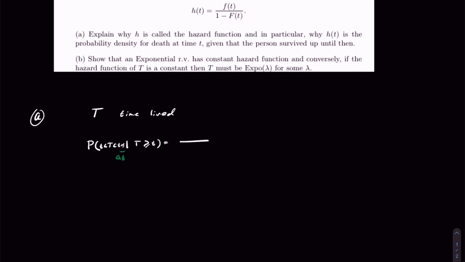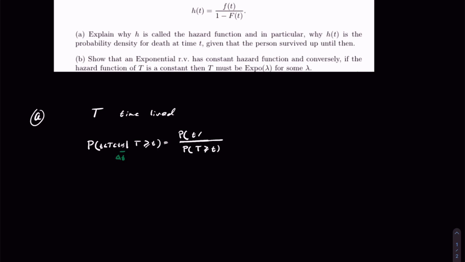So one way now to rewrite this expression, just using Bayes' theorem, is that we have now the two events, the joint events.